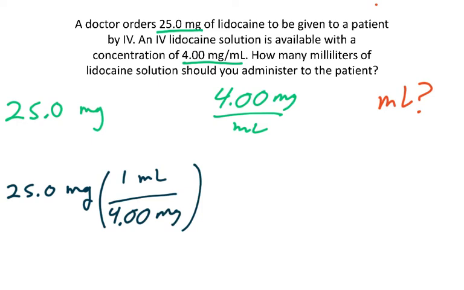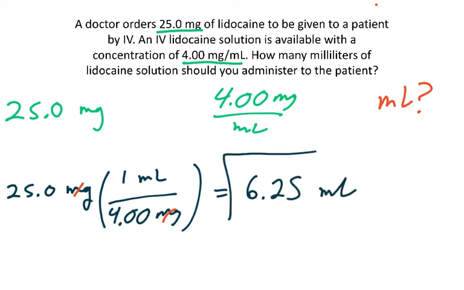So we end up with milliliters, and we have 25 divided by 4, and so 3 sig figs, 6.25 milliliters of solution would need to be given.